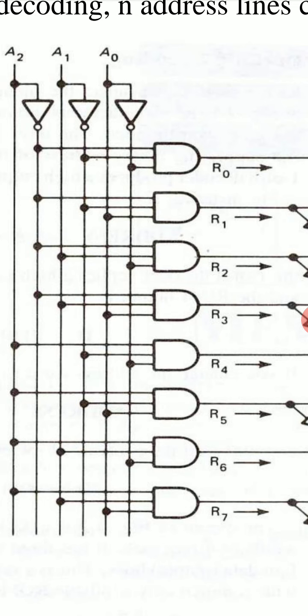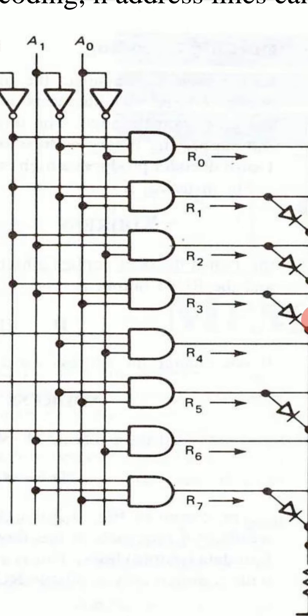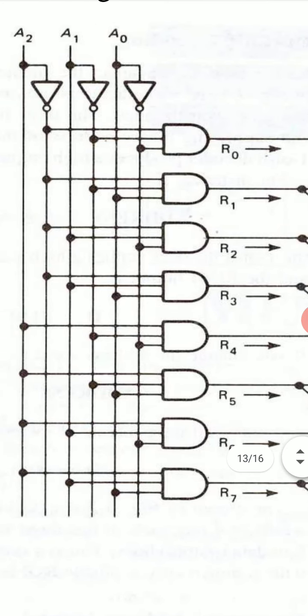Next address is 0, 0, 1, which is equivalent to 1. So if we have 0, 0, 1, then A2 is 0, A1 is 0 and A0 is 1. So the inputs of register R1 will be A2 bar, A1 bar and A0, because A0 is 1.